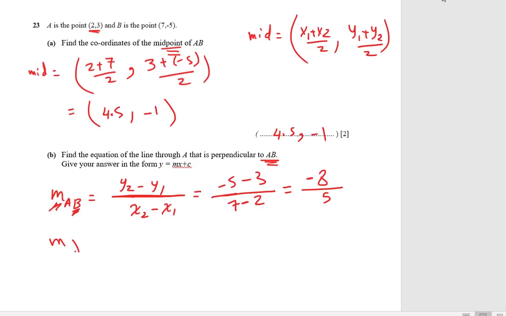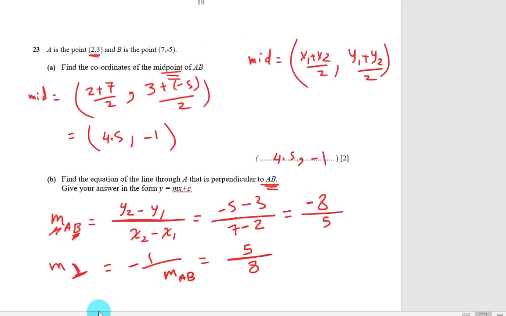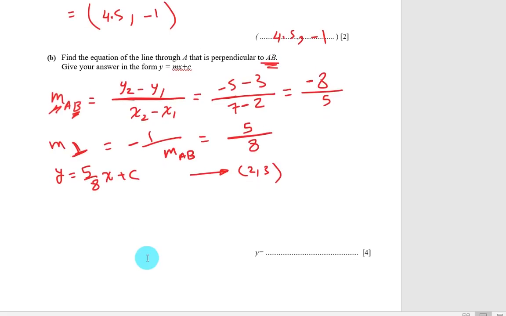The slope of the perpendicular will equal minus 1 over m of AB, so the slope of the perpendicular is 5 over 8. This is the perpendicular line. So the equation of the perpendicular line is y equals 5 over 8 x plus c. Point A, which is (2, 3), is one point on this line.